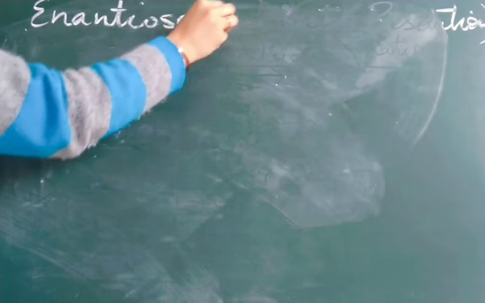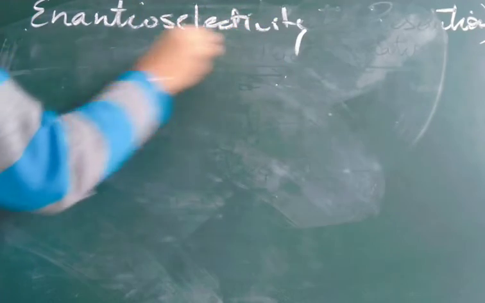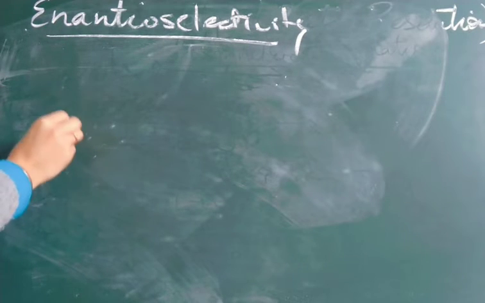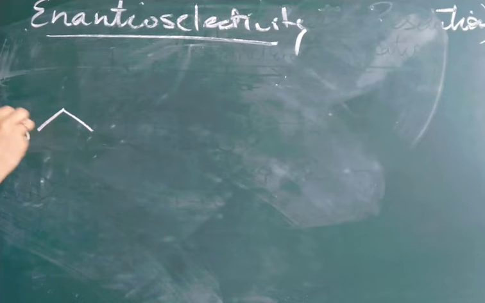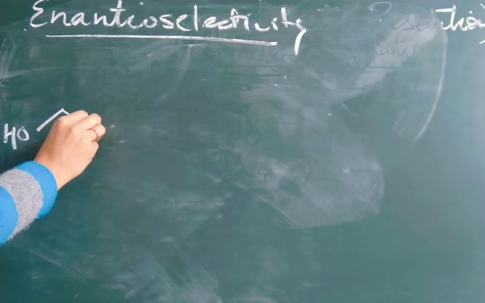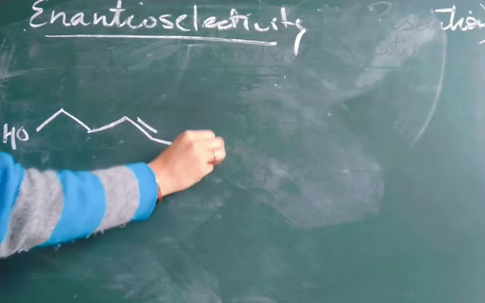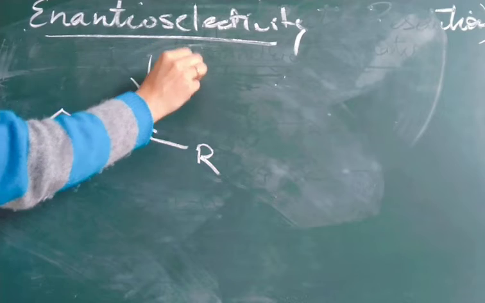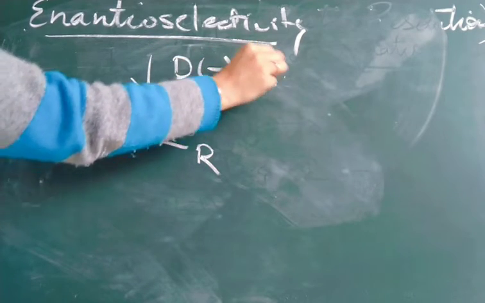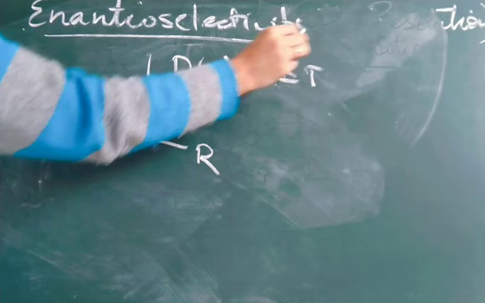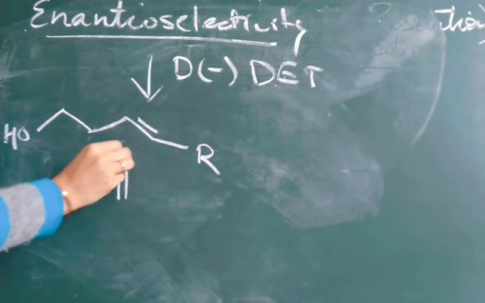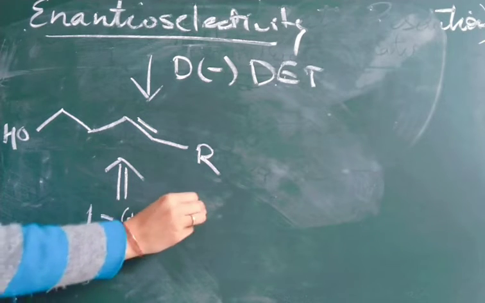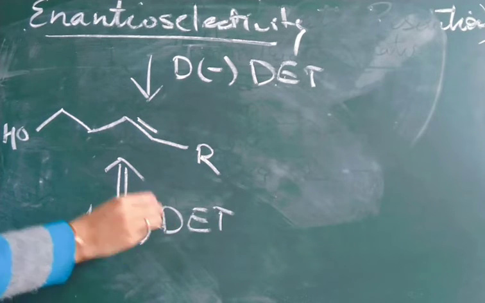We can say here that it is the enantioselectivity of epoxidation. See what happens. I am writing here allylic alcohol. Here we are having, see, if we are using dextrorotatory DET, and if we are using levorotatory DET, diethyl tartrate.